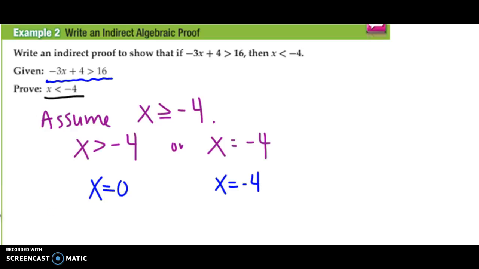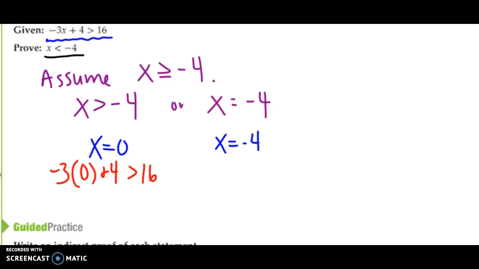Negative 3 times 0 plus 4 is possibly greater than 16. Well, negative 3 times 0 is 0. 0 plus 4 is 4. Is 4 greater than 16? No, that's not true.